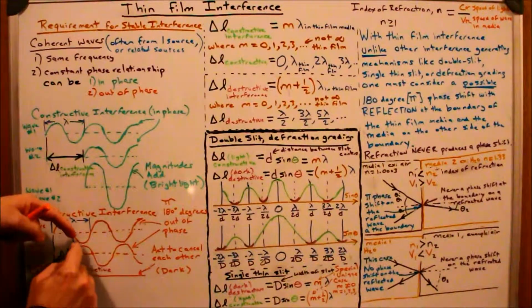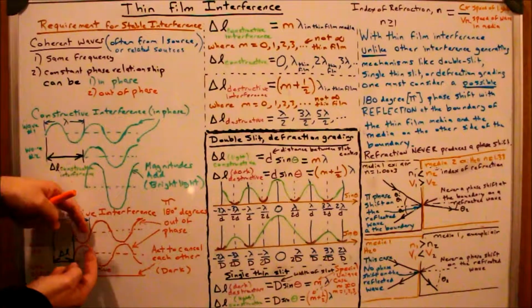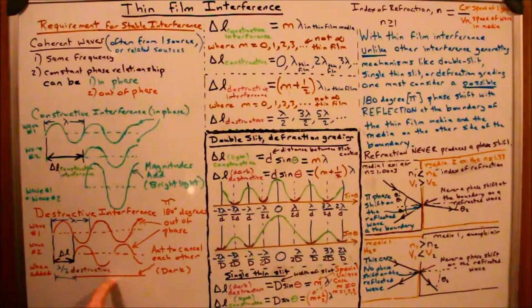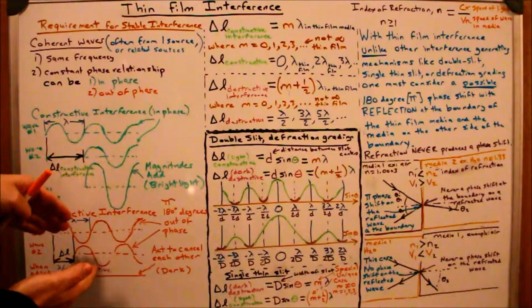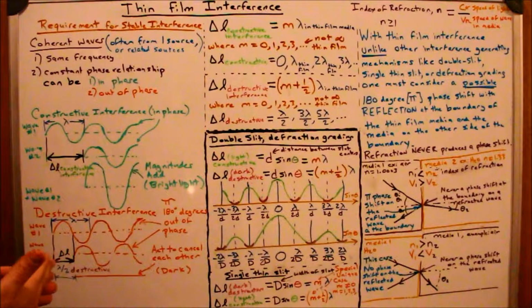Now you can see that when the first wave had a valley, this one has a peak, so if I add them up at any point, I get nothing. Both waves individually have magnitude, but added together there's no magnitude at all. So they're destructive. If this was visible light, in the region where it's destructively interfering, it would be dark.